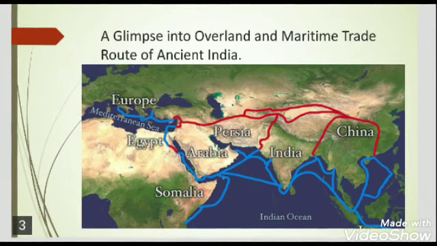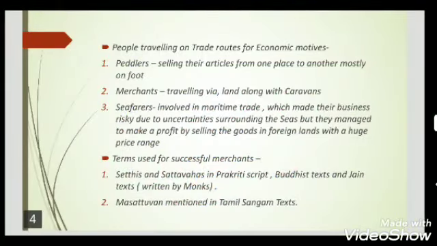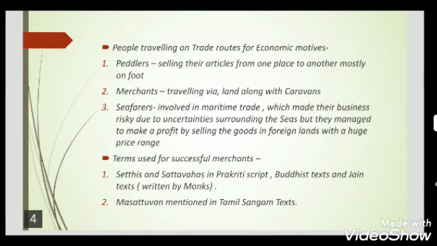Next, let us look into people who had an economic motive to travel on these trade routes. While doing this, we will not be looking into people who had other motives to travel on these routes, such as people who wanted to learn something. Remember, there were a lot of Buddhist travelers who came to India to learn from monasteries or universities such as Nalanda.